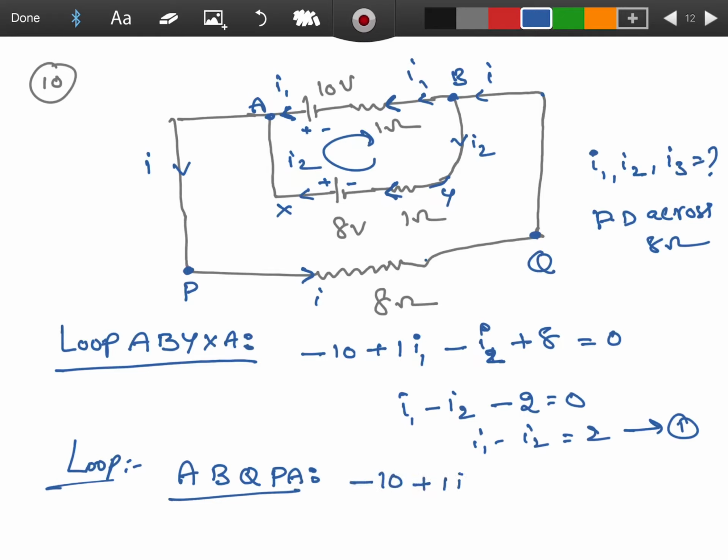This is plus 1 I1. B to Q nothing, but you are coming from like this, but opposite direction. Current direction is opposite, plus 8I equal to 0. Then I will write this is I1 plus 8I equal to 10, equation number 2.